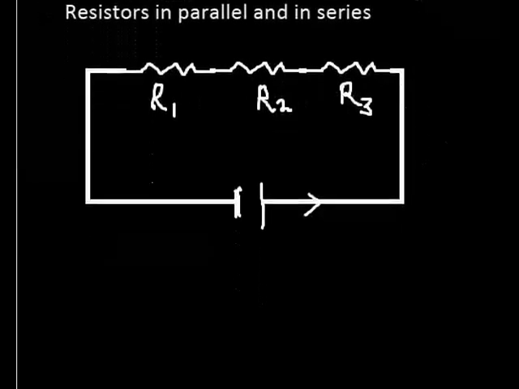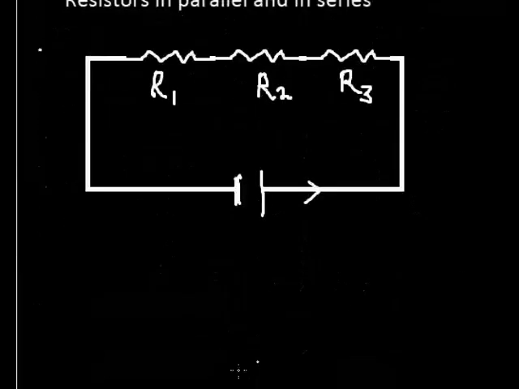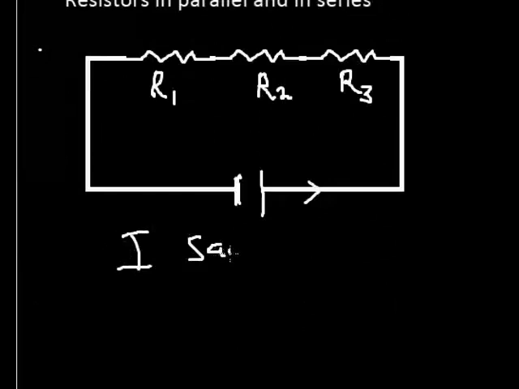So for series connection, please take note, current is the same. But what actually varies is the voltage, okay. The voltage across this is different, but the current is the same. So voltage, or the PD, varies.